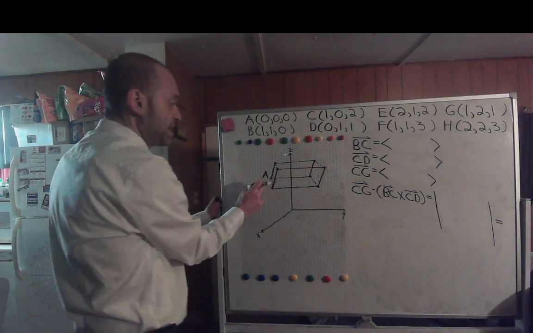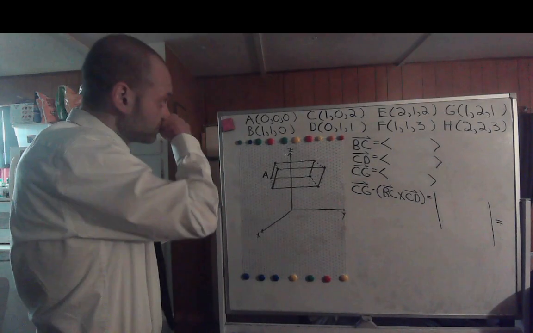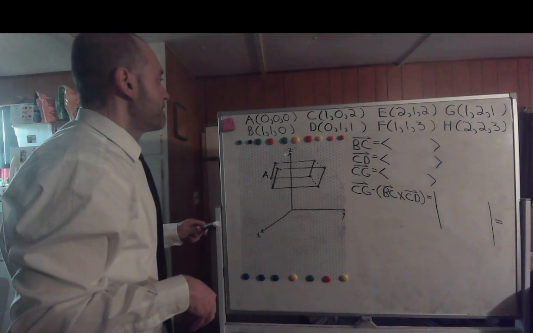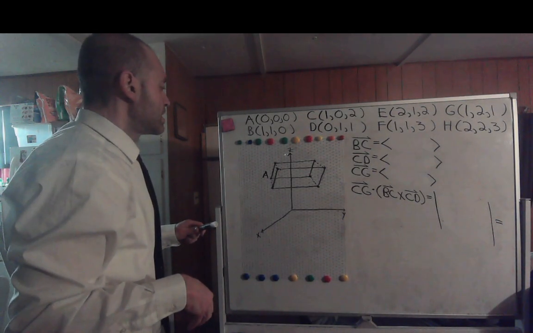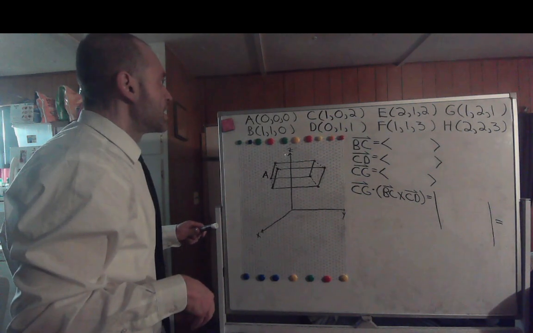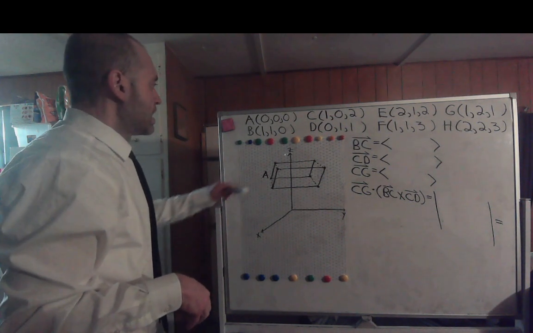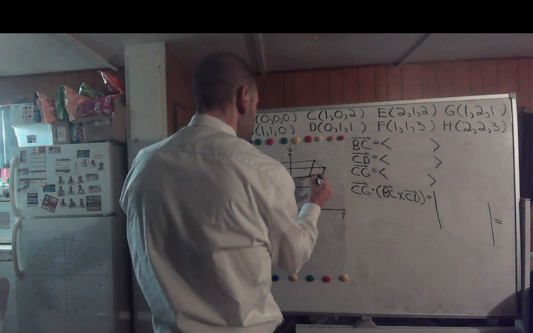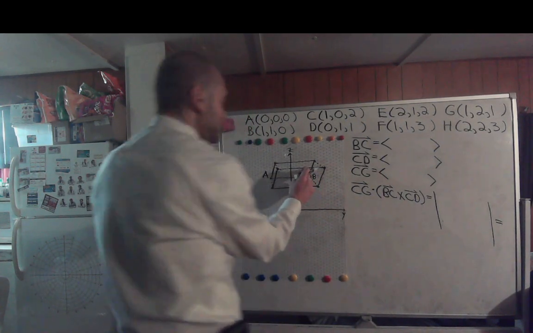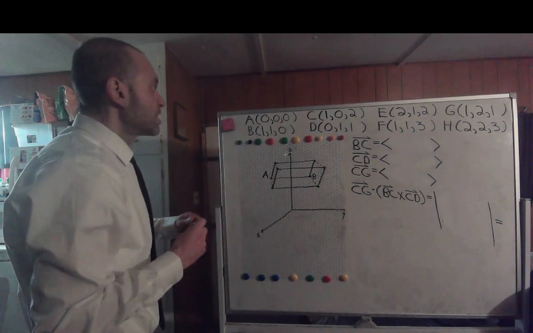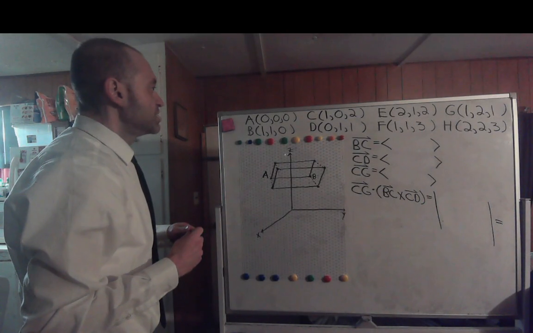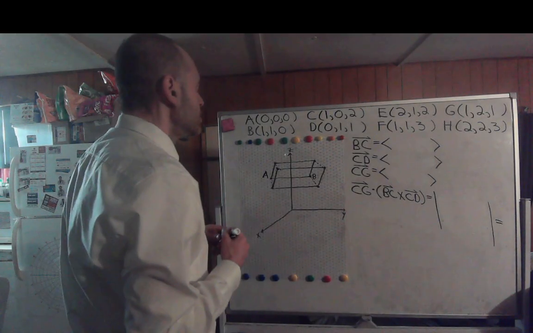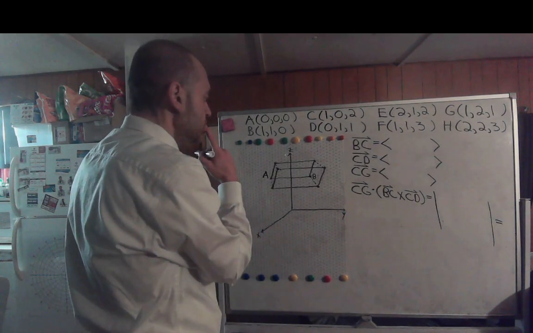That's going to stay A. But let's see. I'm going to actually call this over here B. This will end up being B right here. So C is going to be at 1, 0, 2.